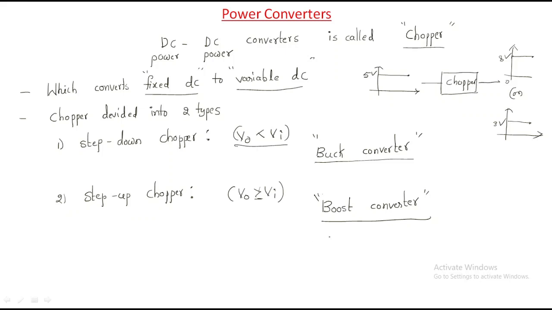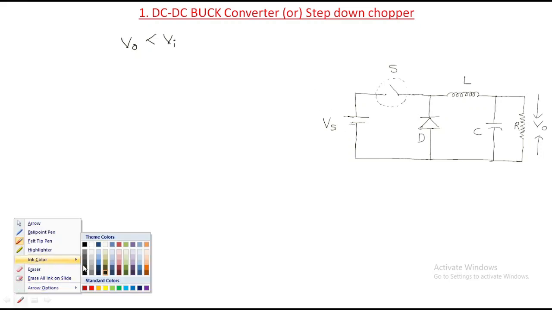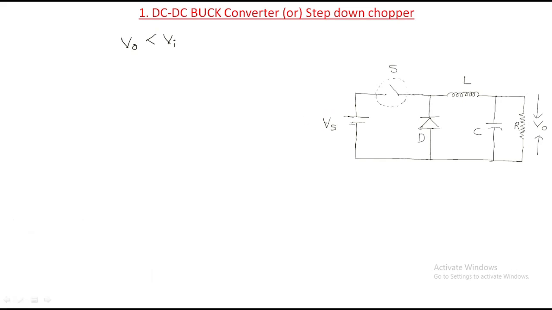First is the DC to DC buck converter. What does that represent? The output voltage must be less than the input voltage. So look here. What is the input voltage here? This is the input voltage, which we can call the input voltage or input power.